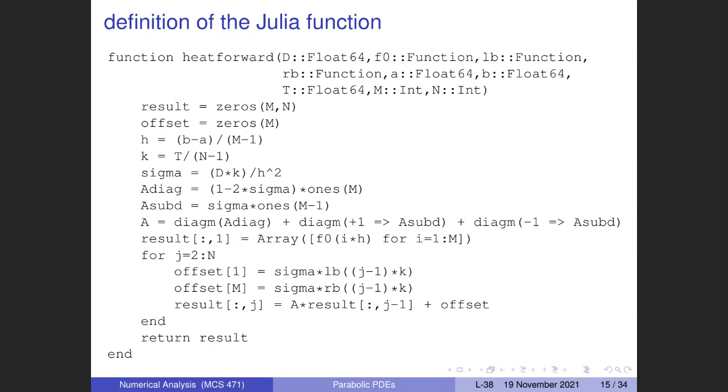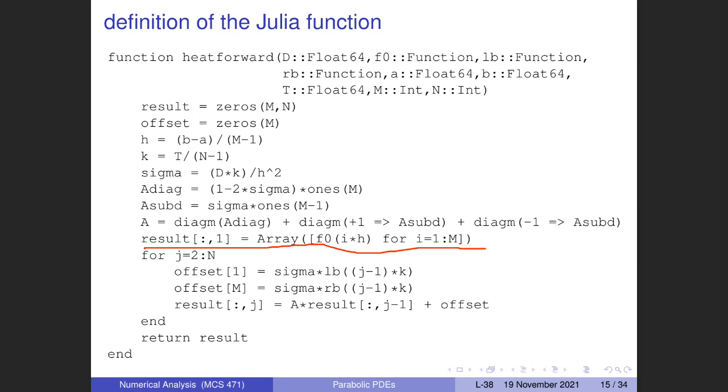You recognize the sigma, so the parameter is defined here, and the construction to make a tri-diagonal matrix. We initialize the result with the application of the boundary condition. So the initialization will initialize our result.